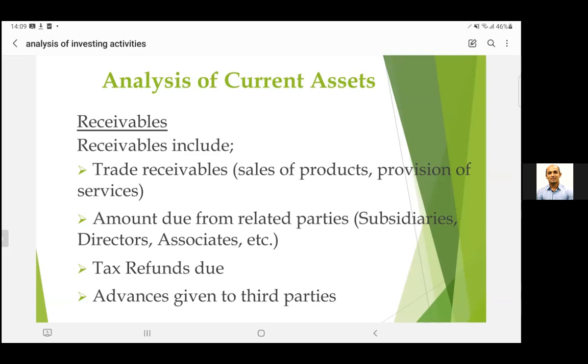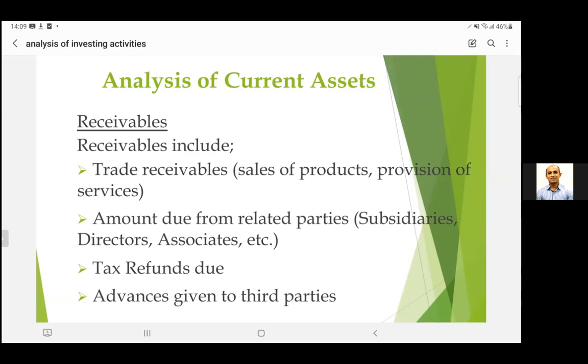Some customers of your business may have become bankrupt. Then you can't recover the balances due from these customers.